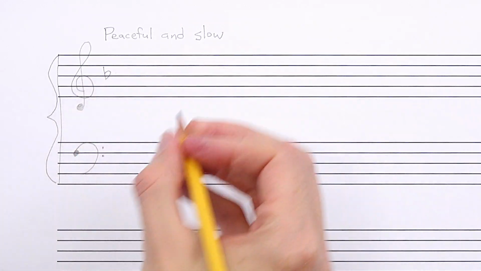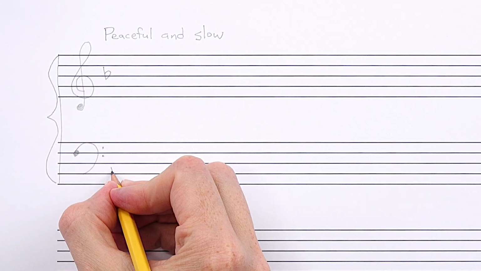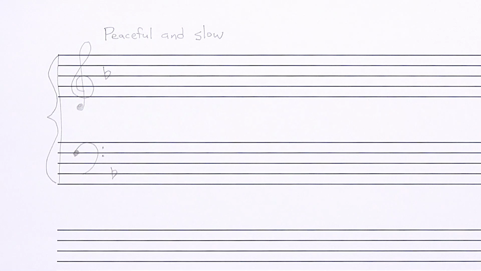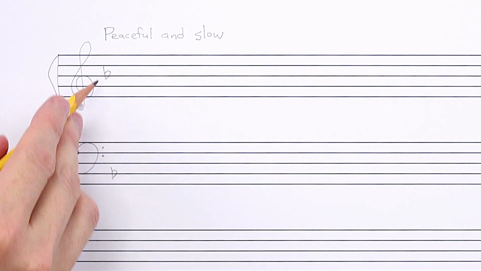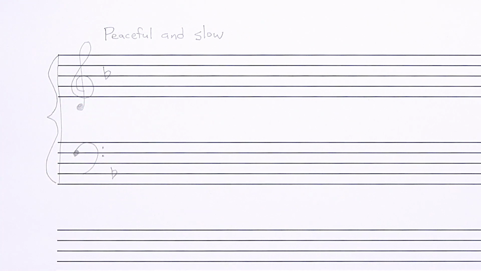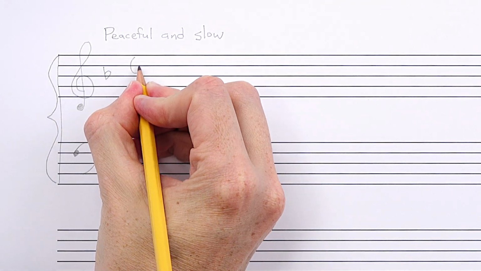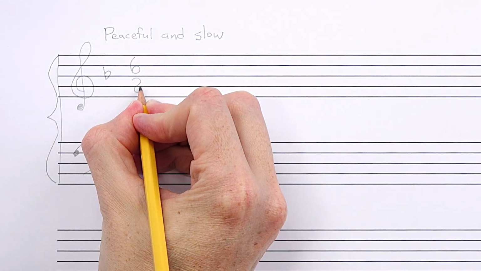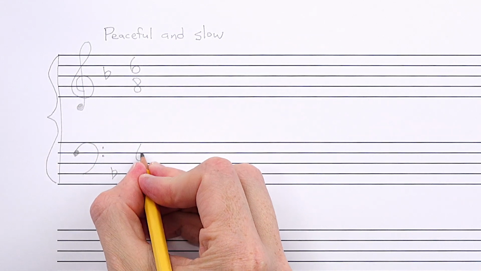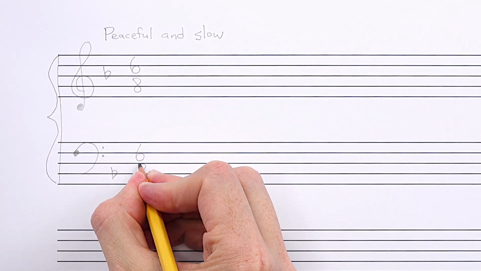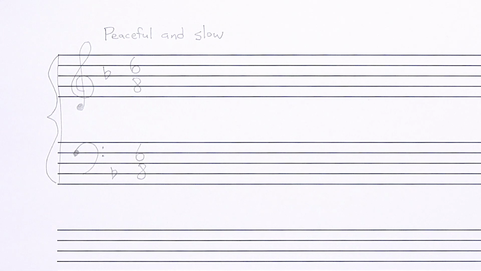So I'll need to add my 1 flat for my key signature on the B line. And then let's say I've decided on a time signature of 6/8. So I add my time signature. And now I'm ready to start putting some notes down.